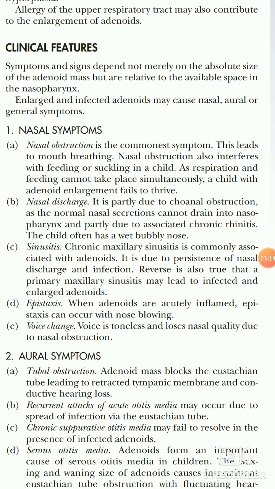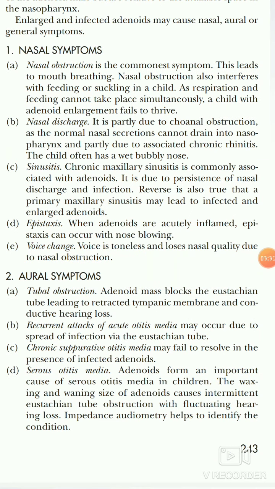Nasal discharge. It is partly due to choanal obstruction, as the normal nasal secretions cannot drain into the nasopharynx, and partly due to the associated chronic rhinitis. The child often has a wet, bubbly nose. Sinusitis. Chronic maxillary sinusitis is commonly associated with adenoids.